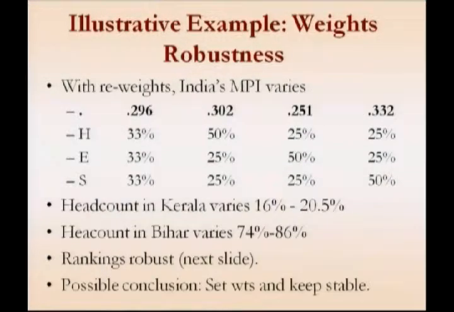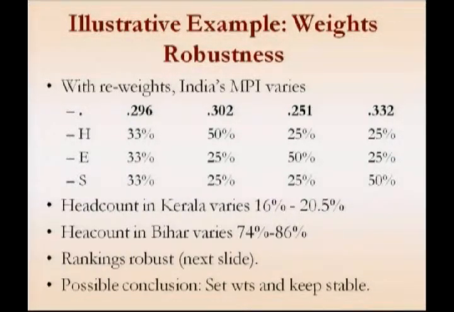states change? And of course, as it happens when you change the indicator weights, the MPI estimate itself does change. With the equal weighting, we get an MPI of India overall of 0.296. When we weight health with 50% of the weight, we get a slightly higher MPI of 0.302.